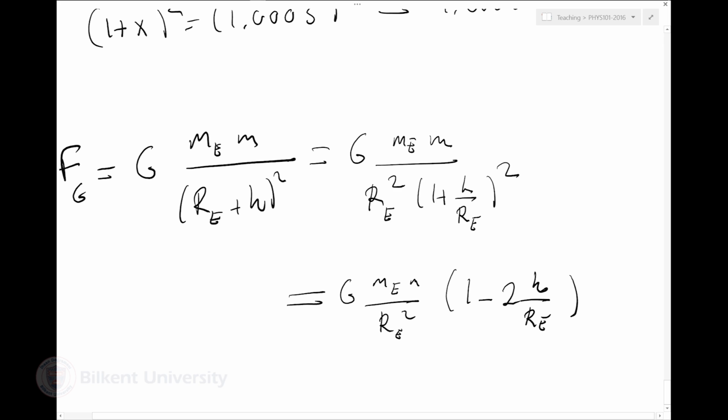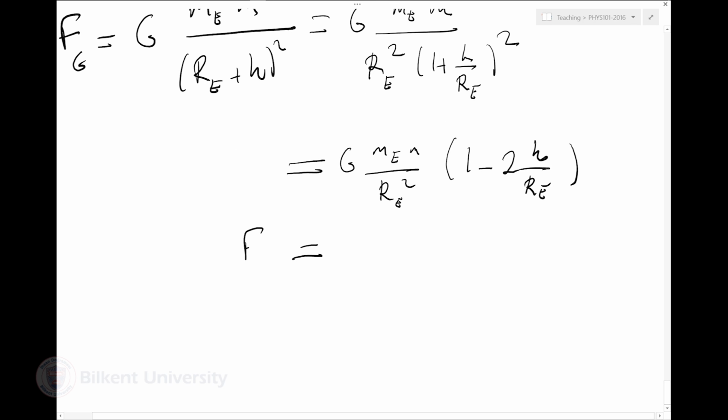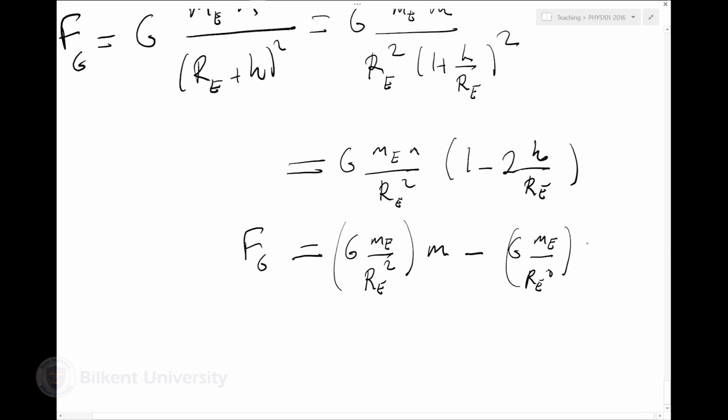So gravitational force is apparently G m_e over r_e squared times m. And the first correction is apparently G m_e over r_Earth squared times 2h over r_e. There are higher terms which we neglect.